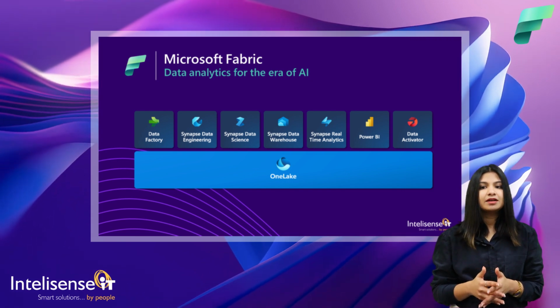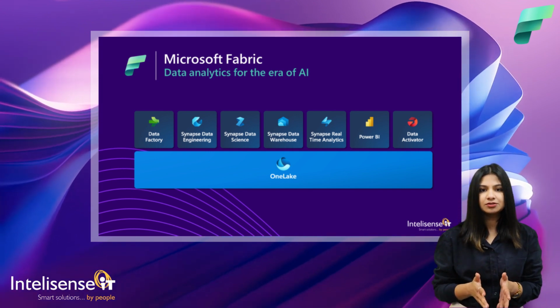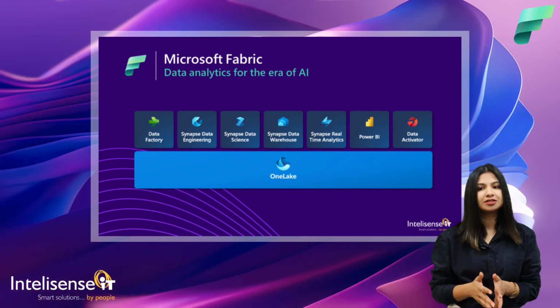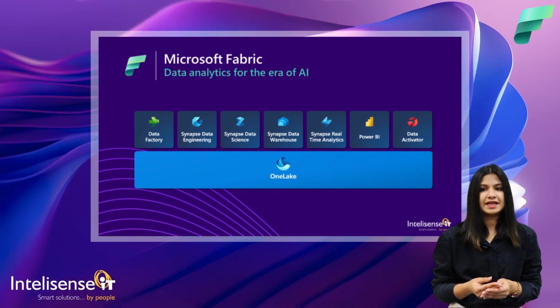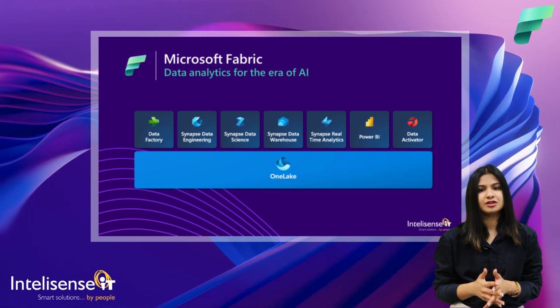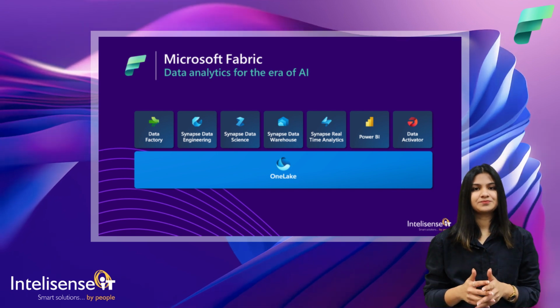So with Fabric as a single unified platform for all analytics tools, one can reduce the integration time and effort, allowing data and analytics users to concentrate more on solving business problems and addressing business opportunities.